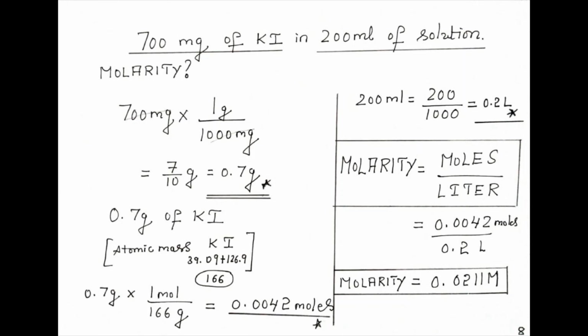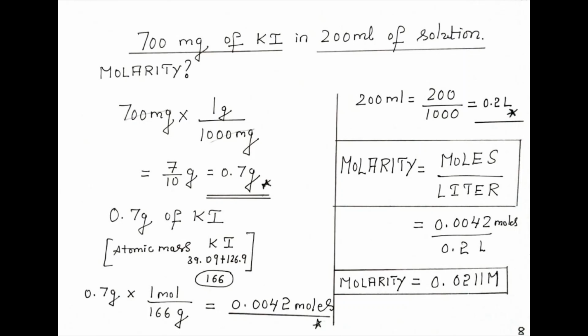Okay, observe the liter, that is the solvent. It is in 200 ml quantity. So 200 divided by 1000, 0.2 liter. So convert ml into liter. Now easily we can calculate molarity. So what is molarity? Moles per liter. So apply 0.0042 moles by 0.2 liter.